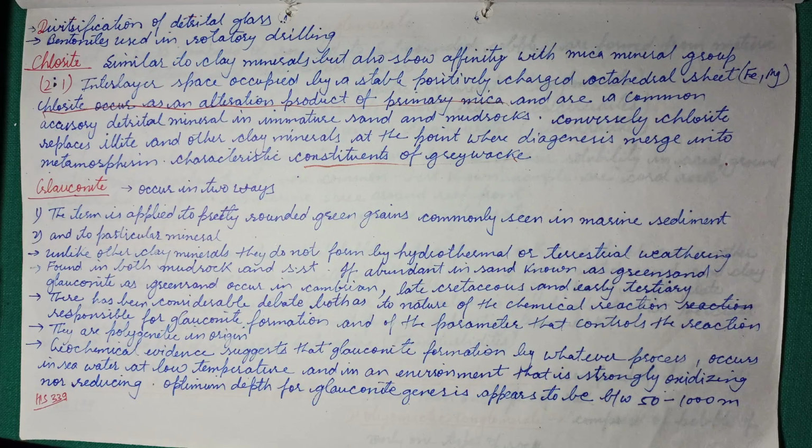Geochemical evidence suggests that glauconite formation, by whatever process, occurs in seawater at low temperature. So there is no explanation of how these chemical reactions took place or what parameters control them, but geochemical evidence suggests that glauconites generally occur in seawater, at low temperature, and in an environment that is strongly oxidizing.